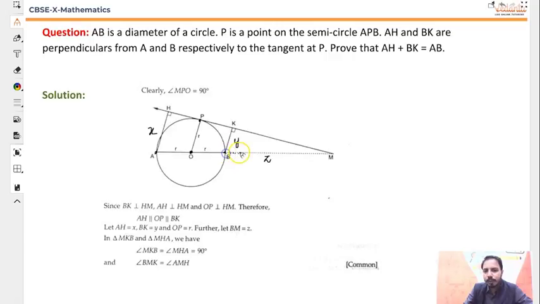Same thing. So what I have done is I have extended the diameter such that it touches a point on the tangent. Say this point is M. Okay.